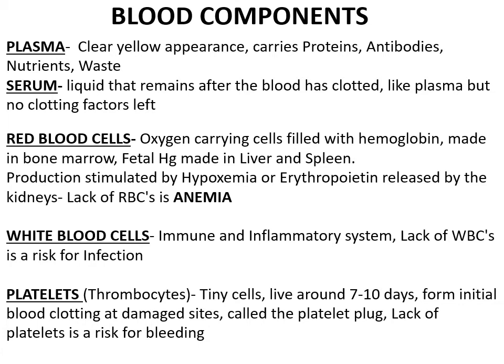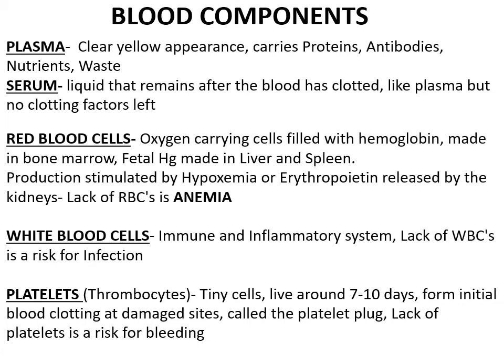Okay, platelets are tiny little cells. They live about 7 to 10 days, and they're little cells that have broken off a larger cell within the bone marrow called a megakaryocyte. And they are the first cells that arrive at a damaged blood vessel, and they form the initial platelet plug that plugs up the blood vessel so it can stop bleeding.